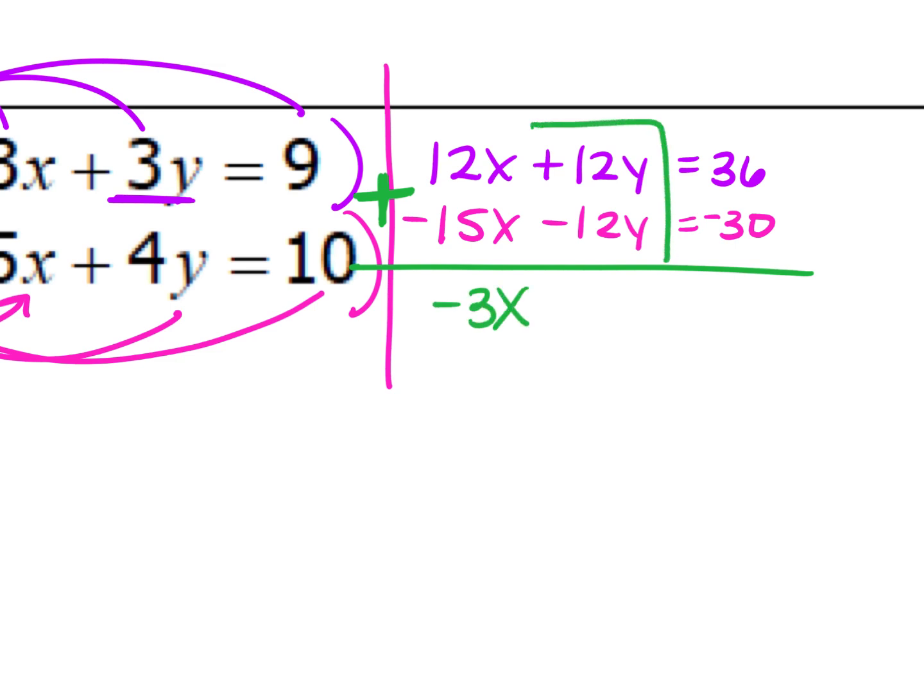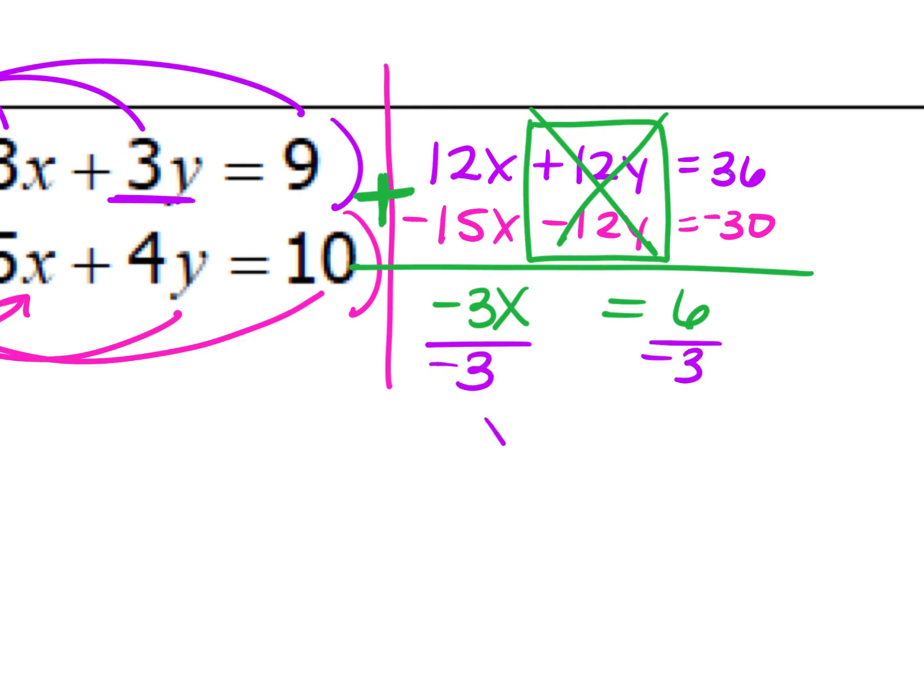What is 12y plus negative 12y? 0. It goes away. Bring down your equal sign. 36 plus a negative 30 is 6. Okay, we've eliminated the y. Now what? Divide. We're going to divide by negative 3, and we get x equals negative 2, and that's your x value.